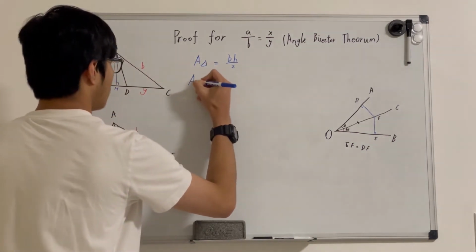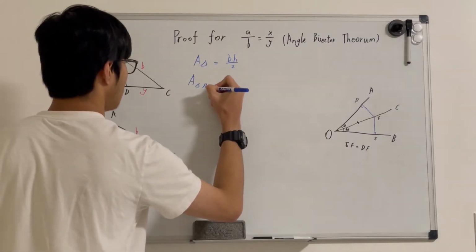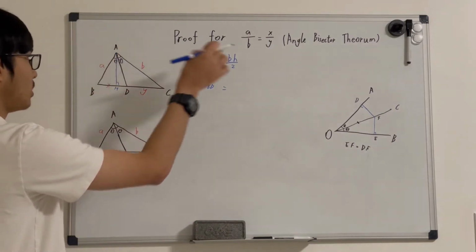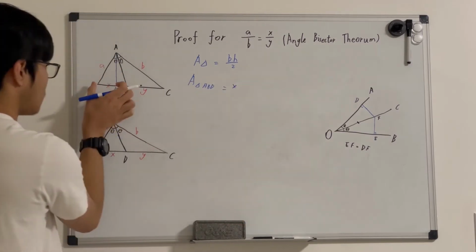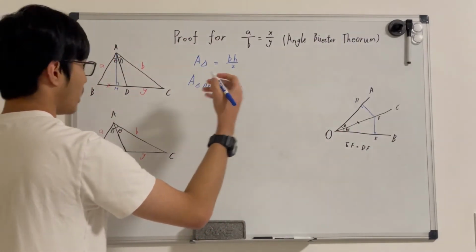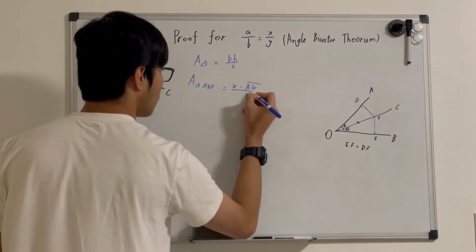So the area of triangle ABD equals base times height divided by 2. So I can express this as x, because BD equals x, times the height AH, divided by 2.